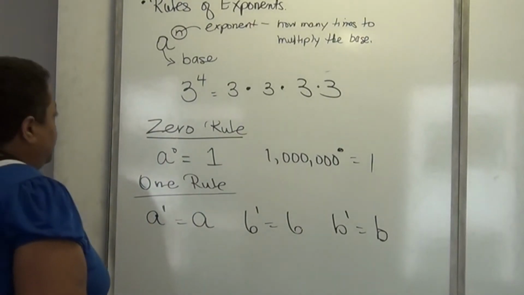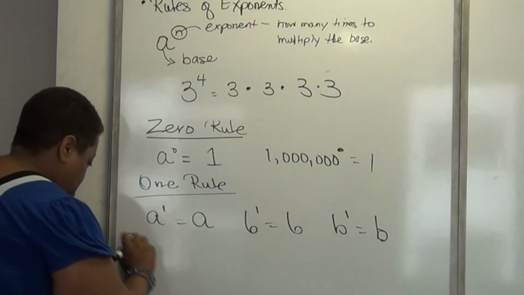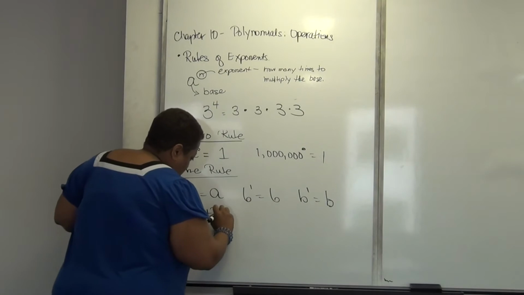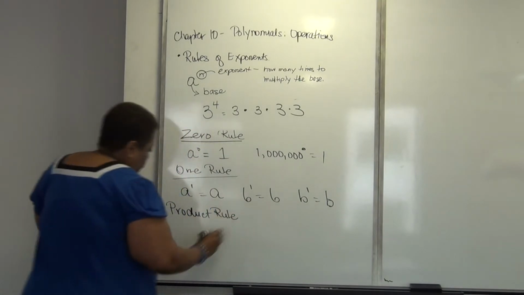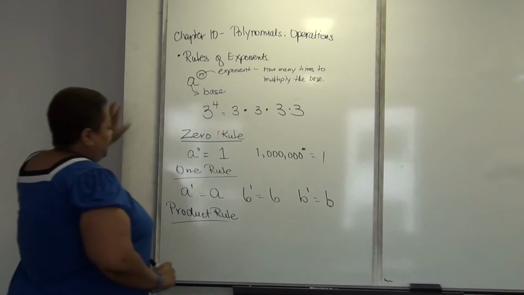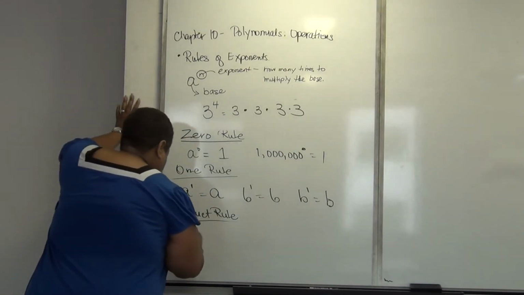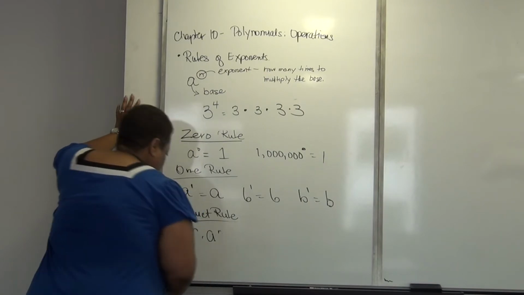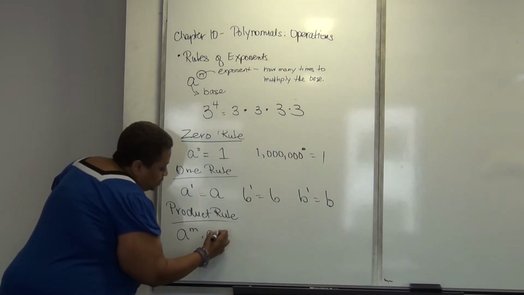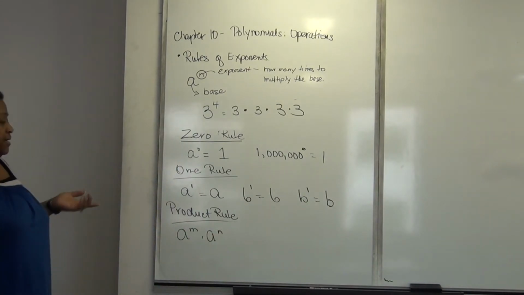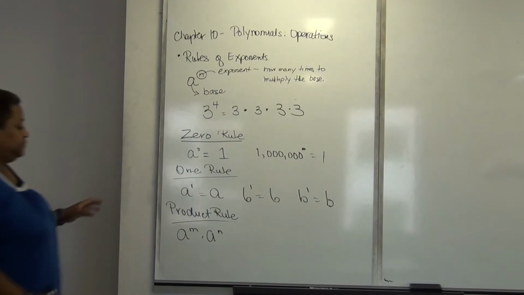Alright, then we have what is called the product rule. That's when we multiply a to the n, when we multiply exponents. Okay? Same base, different exponents.